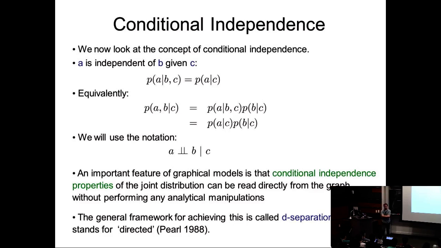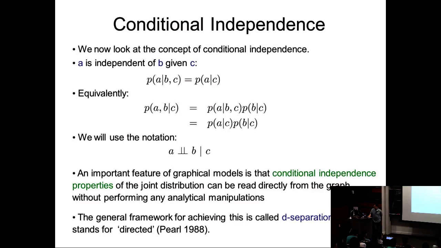Conditional independence. Let's look quickly at the conditional independence properties, and I'll go through it fairly quickly, since for many of you it's going to be fairly easy. A is independent of B given C if we have this equation.